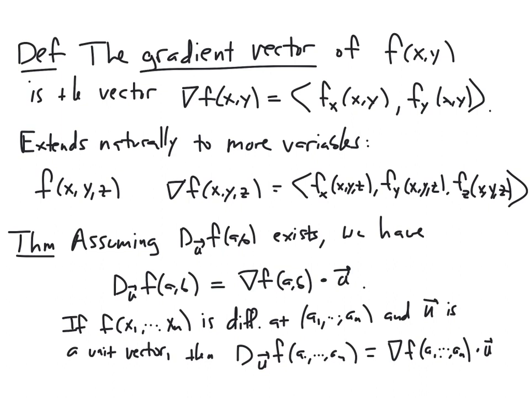Notice in this context, u is a vector with n components, and therefore this dot product is defined. It works exactly the same in any number of variables; there's no difference other than the length of the dot product.